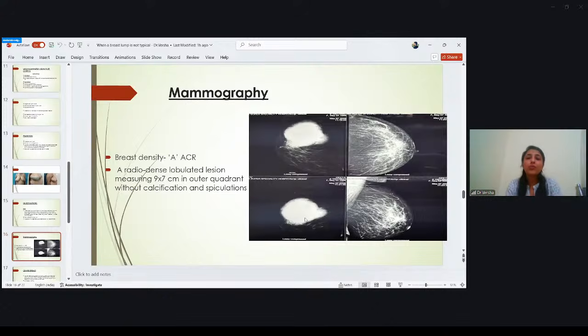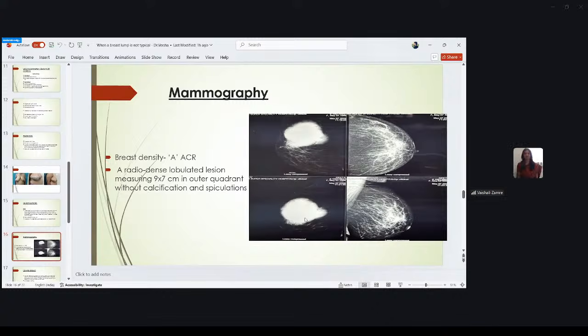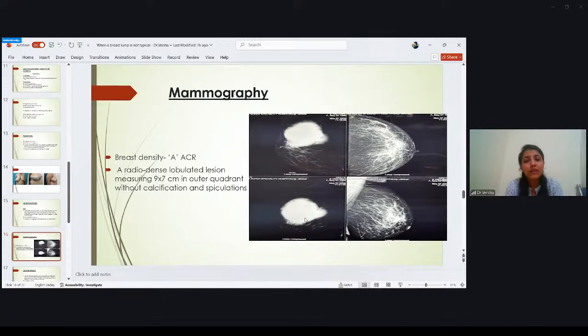Further, we advised mammography, which showed breast density ACR A, a radiodense lobulated lesion measuring 9 by 7 centimeters in outer quadrant without calcification and spiculations.